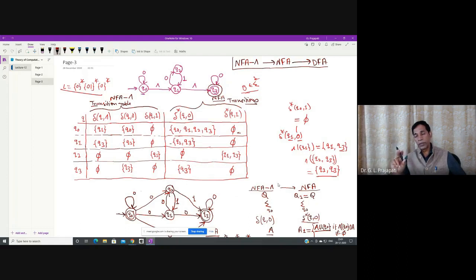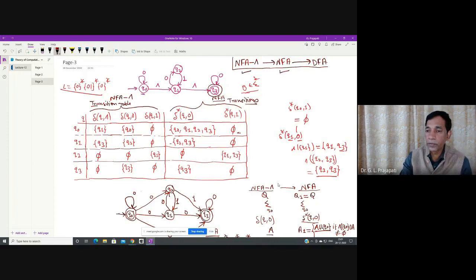But how can you obtain the DFA? First you need to convert from NFA null to the NFA, then you can use the algorithm to convert from NFA to DFA.